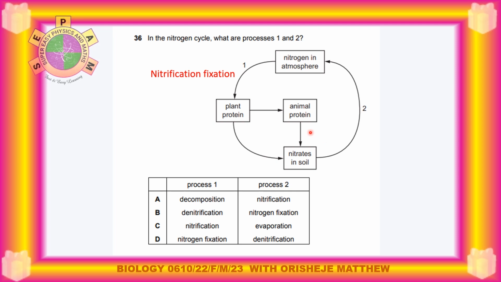Then nitrogen in the soil is converted to nitrogen in the atmosphere. This is denitrification. So the processes are nitrogen fixation and denitrification.